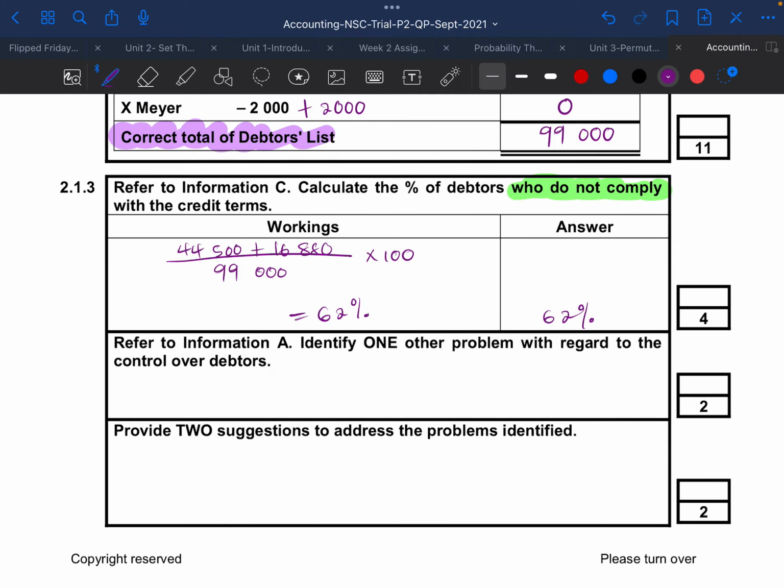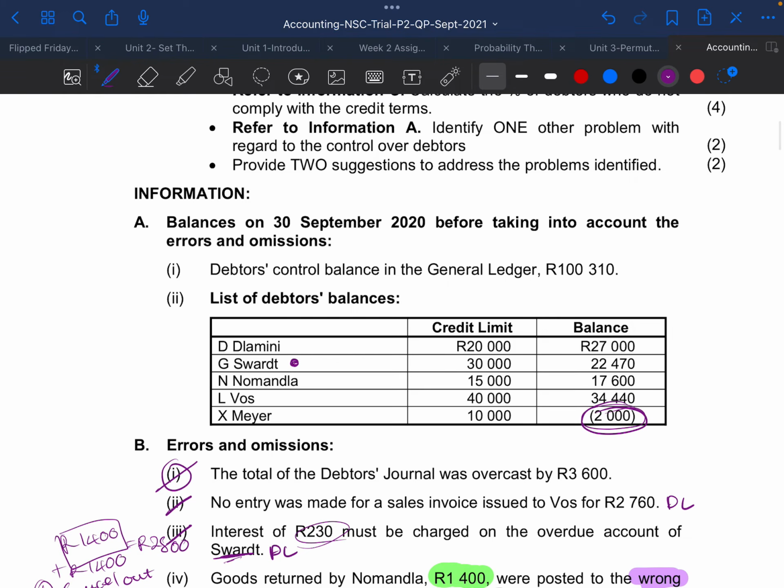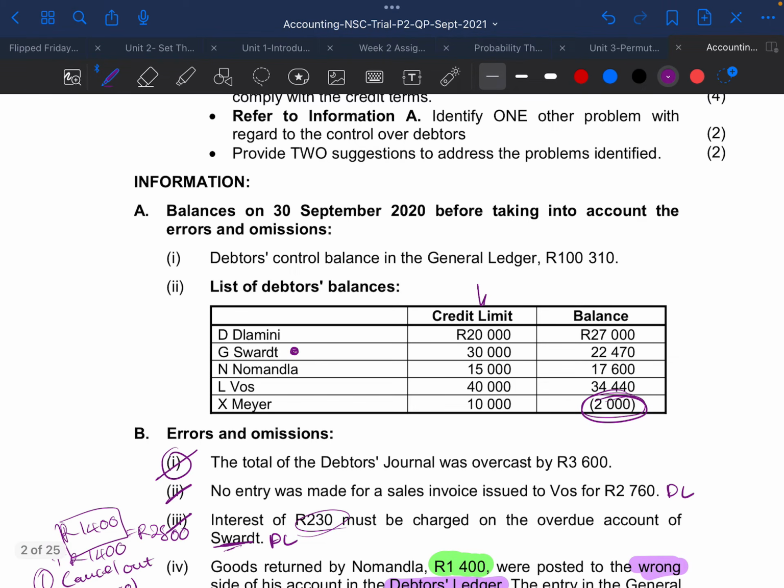Now, referring to information A, identify only one problem with regard to the control of a debtor. So if we look at information A, what can we see here? We are given a credit limit, we're given a balance. A credit limit simply means that the debtor is limited to buying stuff up to that certain amount.